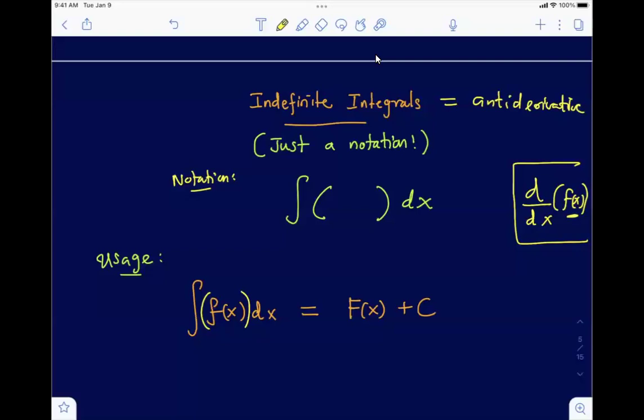Now, the same thing here, in terms of the meaning of the notation, think about this. Here you have this kind of a sign. It is called integral sign. And this part is just an identification of the variable, and it is formally called the measure of integration.